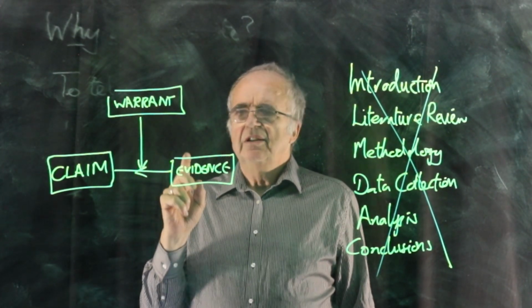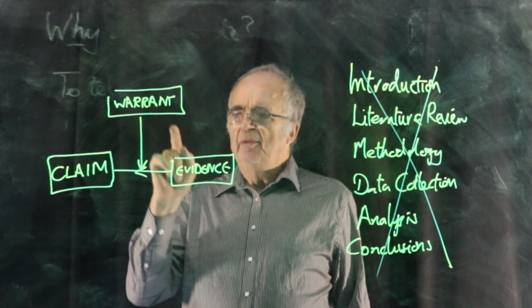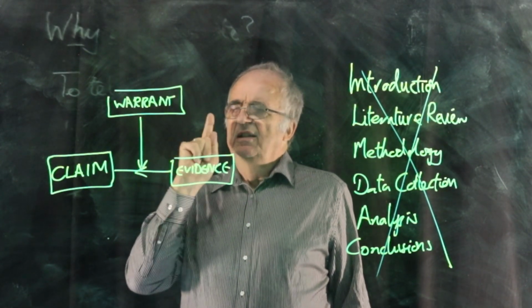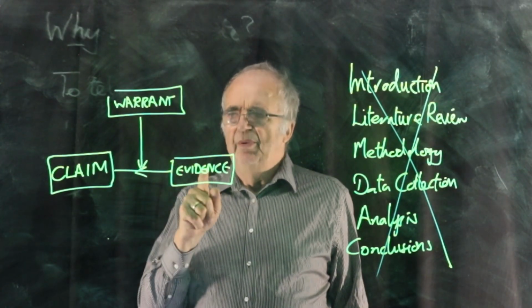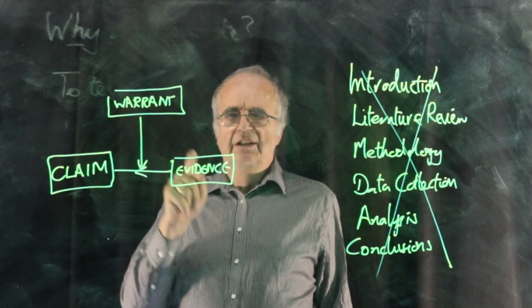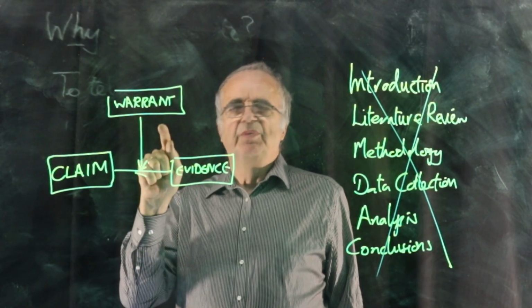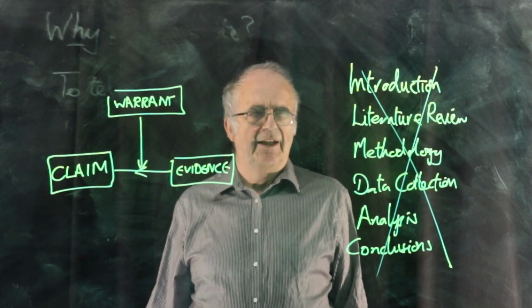And that's called the warrant. It's the link between the evidence and the claim. The warrant is, this is an example of a specific case. This is a specific case of a general principle which supports my claim.